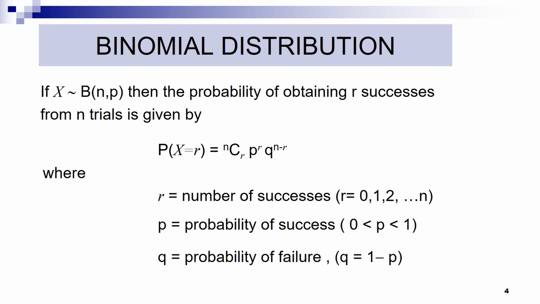And q is the probability of failure. So how do you find q? q is equivalent to 1 minus p.